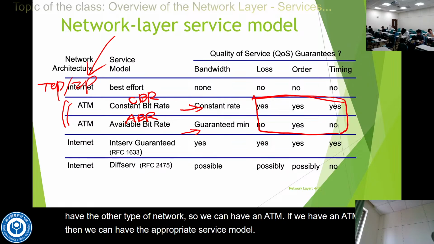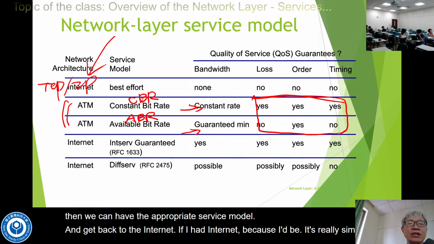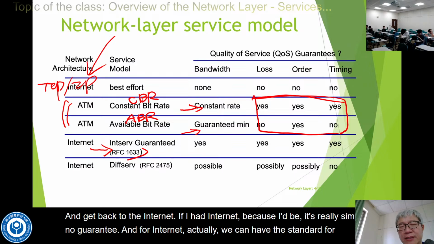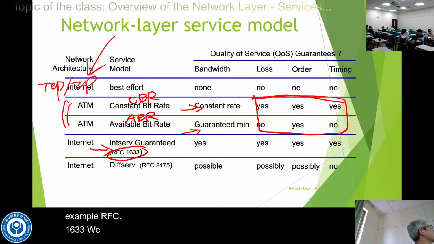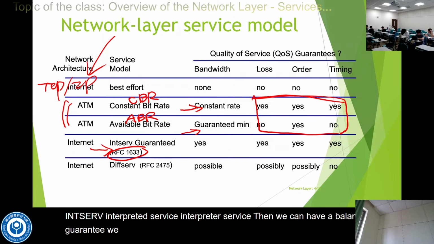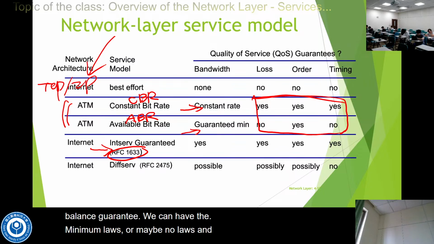Getting back to the internet, because IP is really simple with no guarantee, the internet can have standards, for example RFC 1633, integrated service, IntServ. With integrated service, we can have a bandwidth guarantee, minimal loss or maybe no loss, in-order delivery, and as for timing, yes.